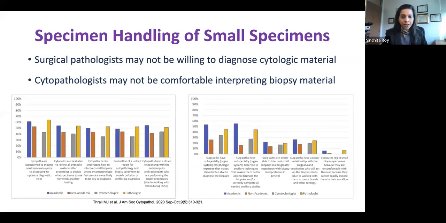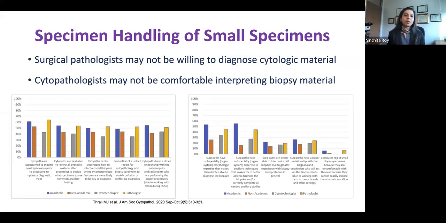There was a survey that the American Society of Cytopathology did, and you can see some of the survey results shown here in terms of how people felt about either the cytopathologist reviewing all of the material or the surgical pathologist reviewing all of the material. Because if you're going to have one unified report, it has to go to one of these two pathologists, right?